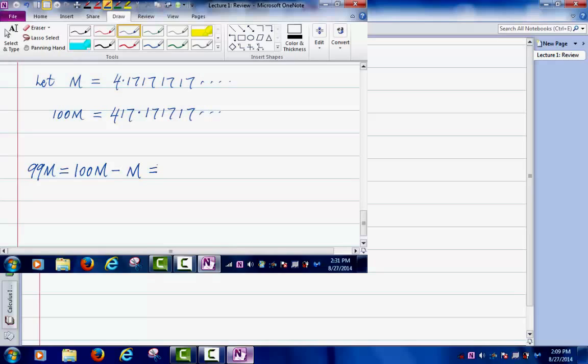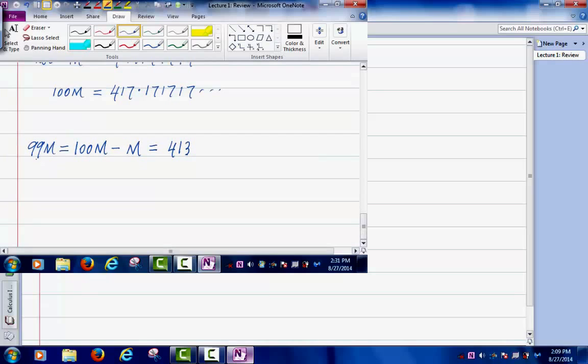Notice that after the decimal point, I have the same digits, right? So when you subtract, all the digits after the decimal point cancel out. So you are basically subtracting 417 minus 4, which is 413. So you get 413. Well, you have 99m here and 413.